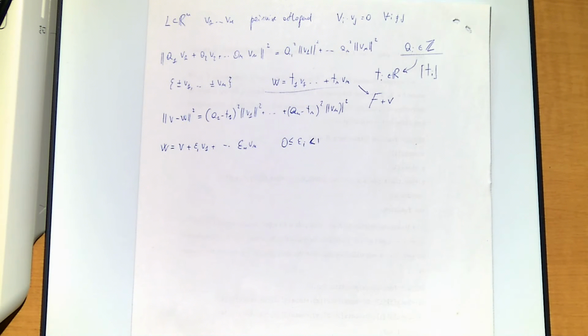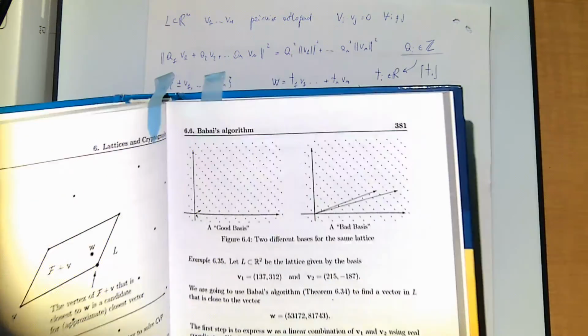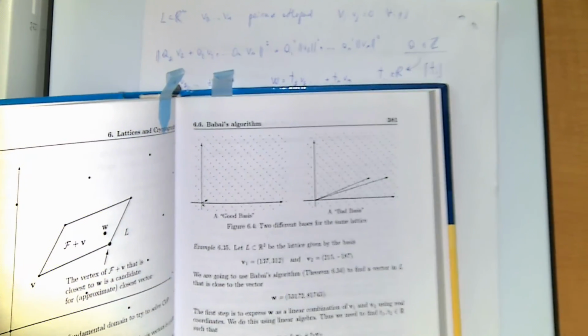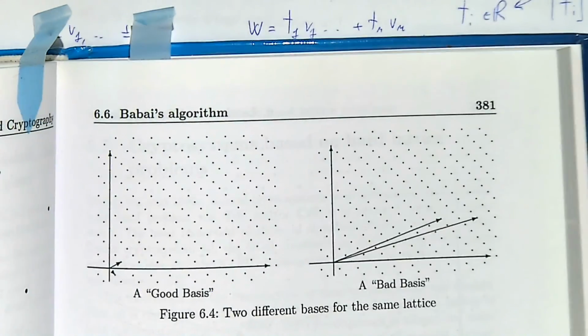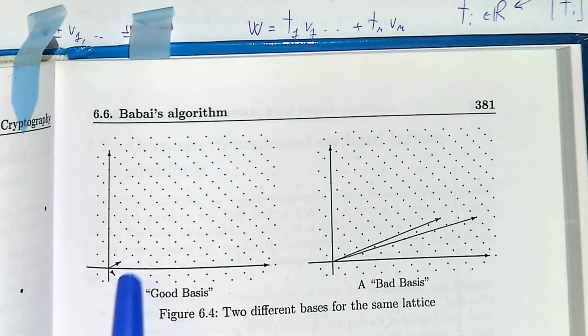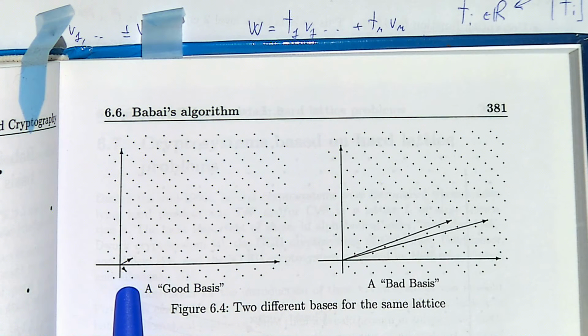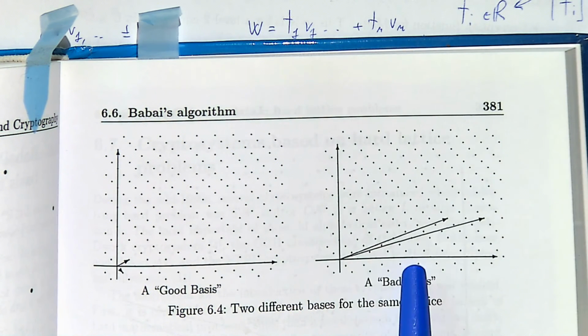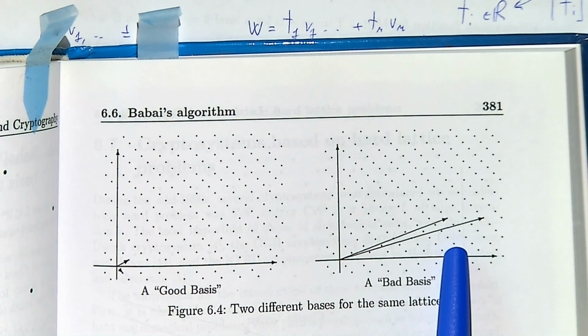So it looks like this should work, but then this thing can happen, and maybe we can see it in the picture. If you take the same 2-dimensional lattice, and you have this basis here, you see it's exactly orthogonal. But I could also choose this completely weird basis, as long as there are 2 linearly independent vectors, it works.